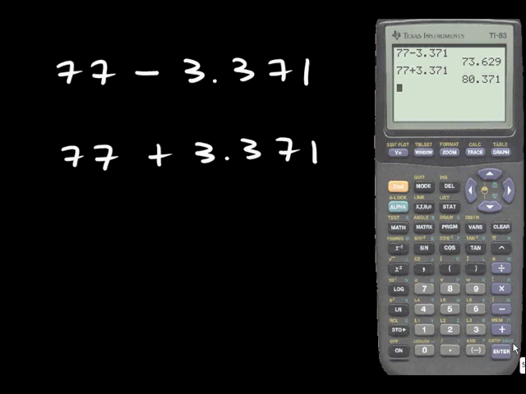If we approximate these answers to the nearest hundredths, we'll get 73.63 and 80.37.